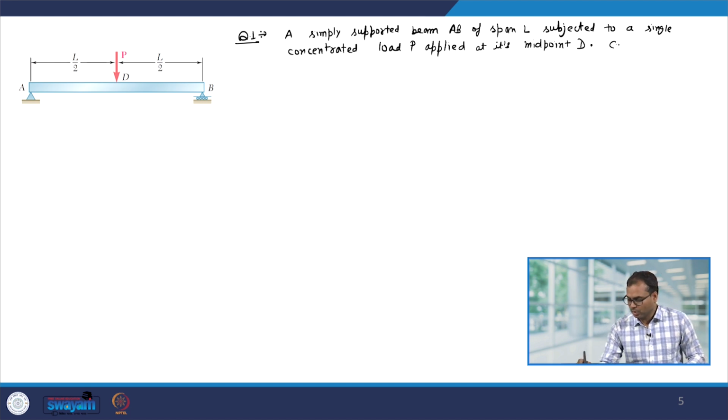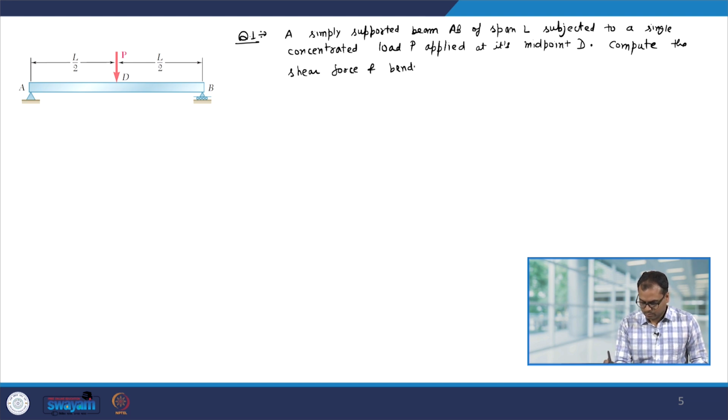So, we want to compute the shear force and bending moment.